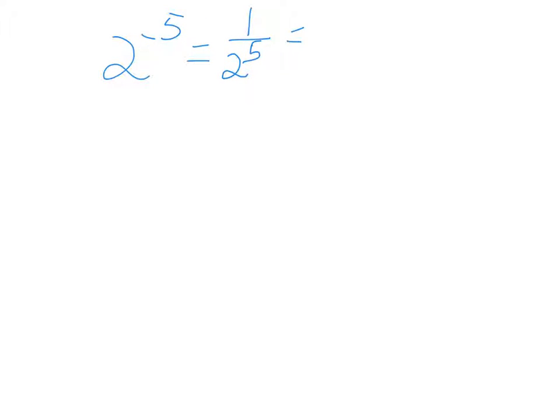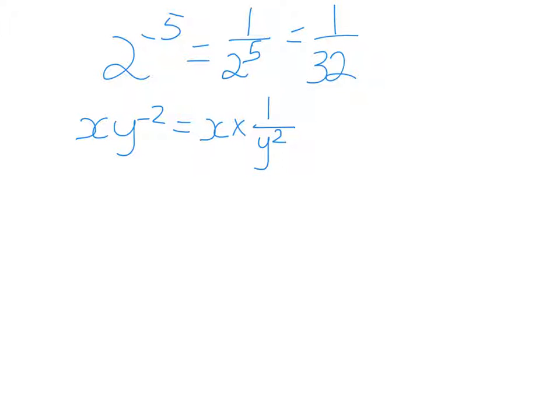So this is 1 over 2 to the power of 5, which is 1 over 32. So if you had something like this, x times y to the negative 2, this is the same as x times, so the negative power, we put 1 on the top, and we write the power on the bottom with a positive power. So that's x times 1 over y squared, which is x over y squared.